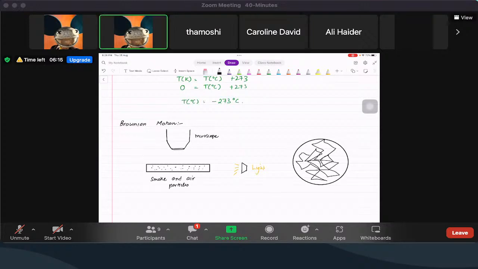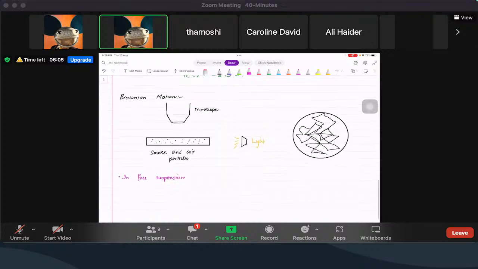Free suspension means that they are not attached to anything, they can freely move.